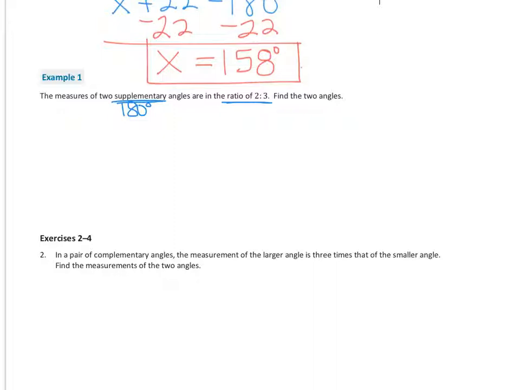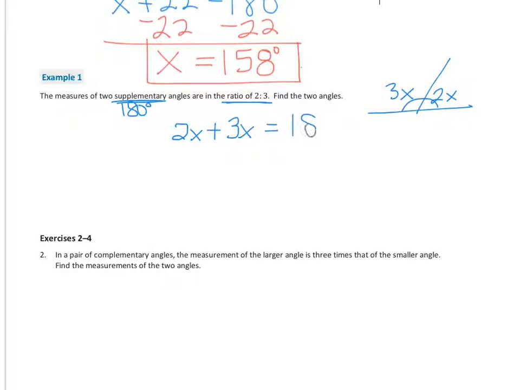So what I'm going to just say is if I have, for every 2 x's I have in one angle, I have 3 x's on the other angle. So I'm going to set 2x plus 3x, and what do those 2 angles equal all together?